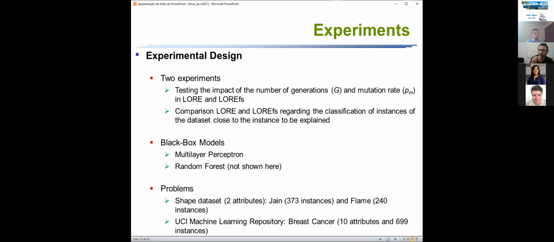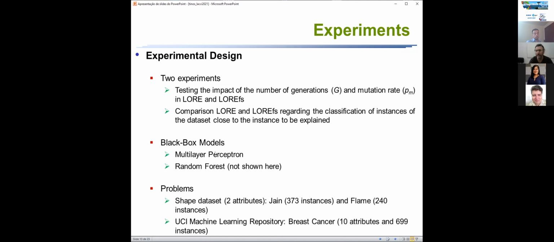In the paper, we have two sets of experiments. The first one is testing the impact of the number of generations and mutation rate in LoR with fitness sharing. I already showed some results. And in the other experiment, we compare LoR with fitness sharing regarding the classification of instances close to the instance to be explained.